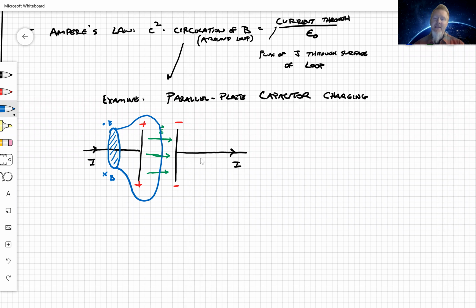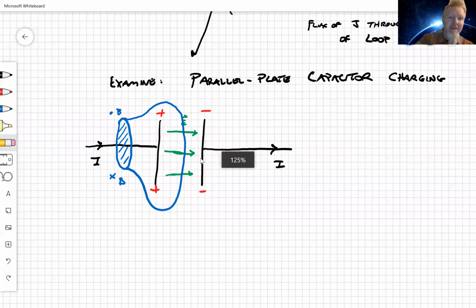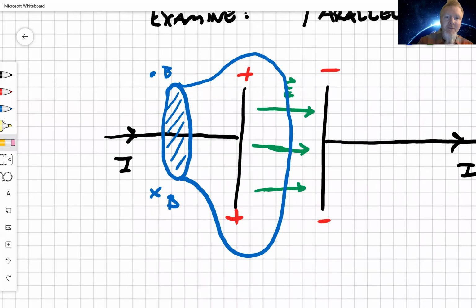So now I'm going to examine the flux of current density through that surface, because I should be able to pick whatever surface I want. There shouldn't be some restriction about saying it has to be this planar surface. Why can't I pick this surface? Well, now the flux of current through that surface is 0. I'm no longer picking the plane surface here.